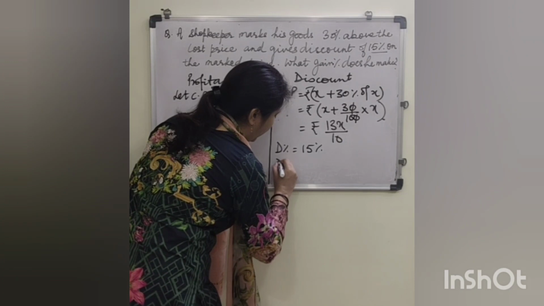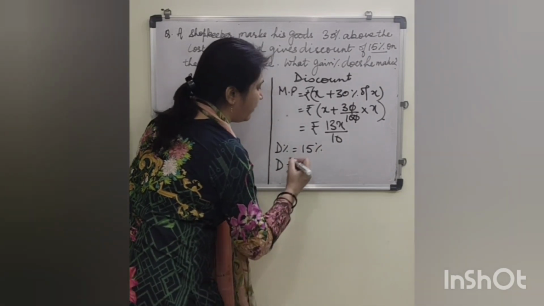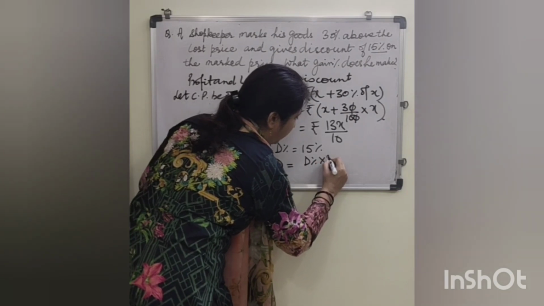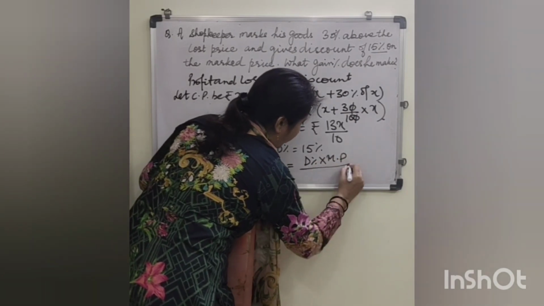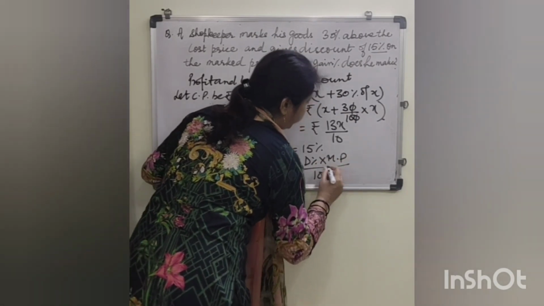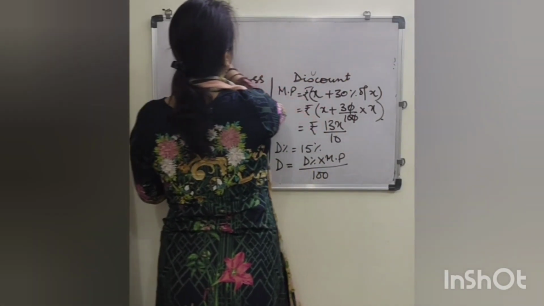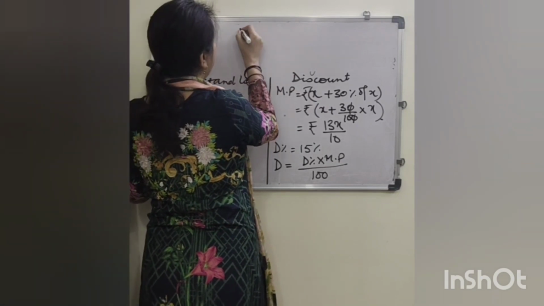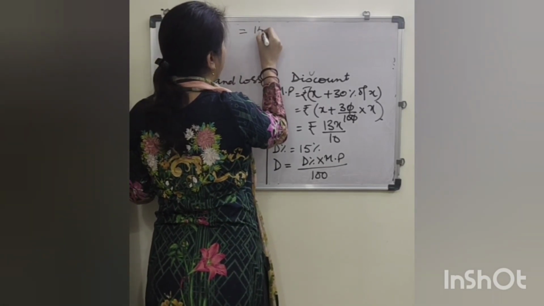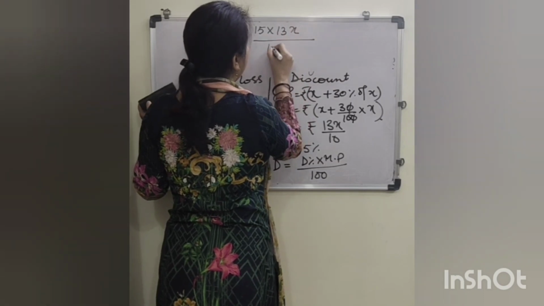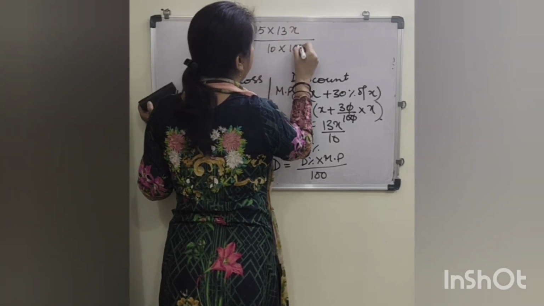You need to calculate what discount he is giving you. So that is discount percent into MP over 100. Put values: 15 into 13x over 10 multiplied by 100.